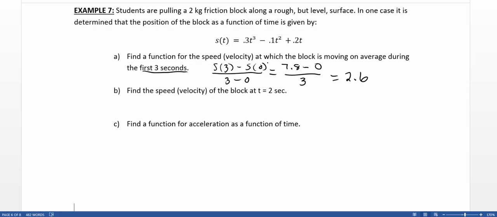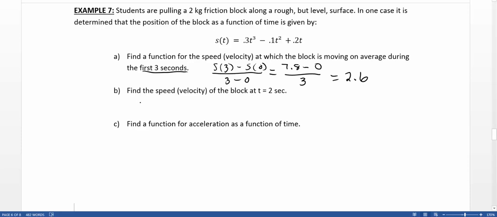Our formulas didn't help us when we still had to calculate the average rate of change. However, in part B, when we're looking for the velocity at time equals 2, we're looking for an instantaneous rate of change. So here we can apply our formulas because now we can talk about the velocity, which is the derivative of position.